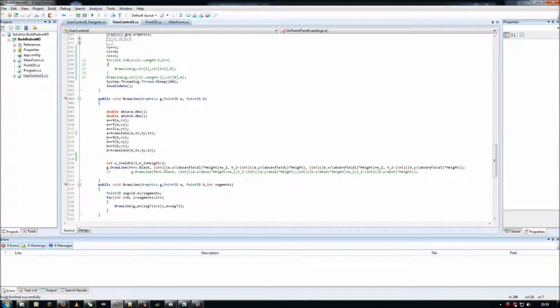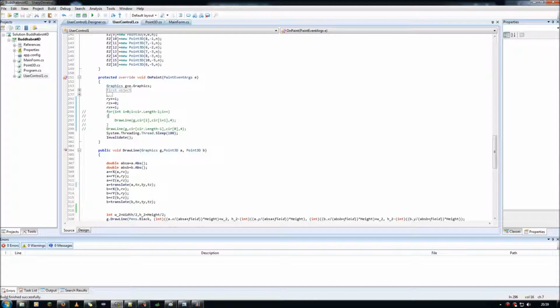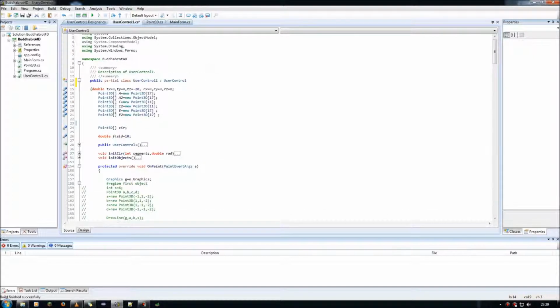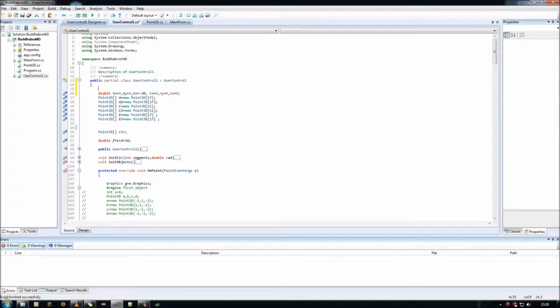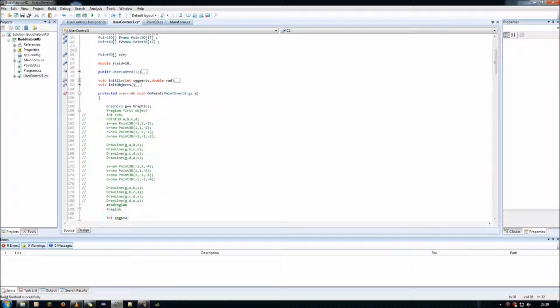So if I go up to the top here, over here, and add some doubles: cosine x, cosine y, cosine z, sine x, sine y, sine z. And then at the beginning of our paint we can actually set all those up.